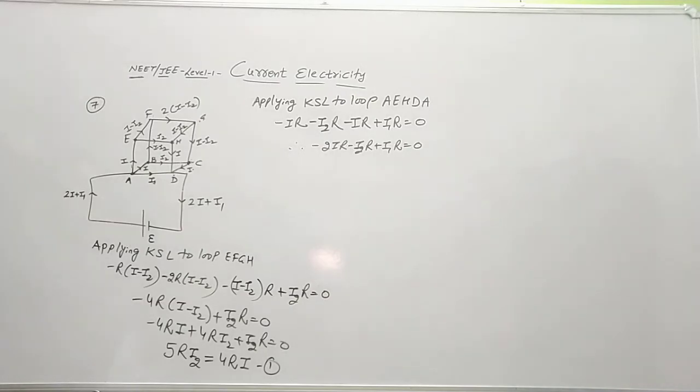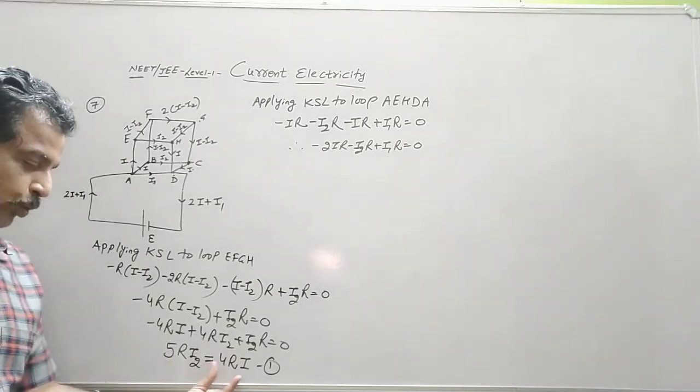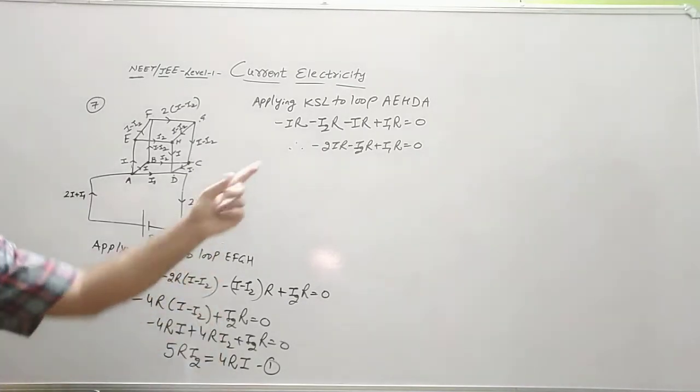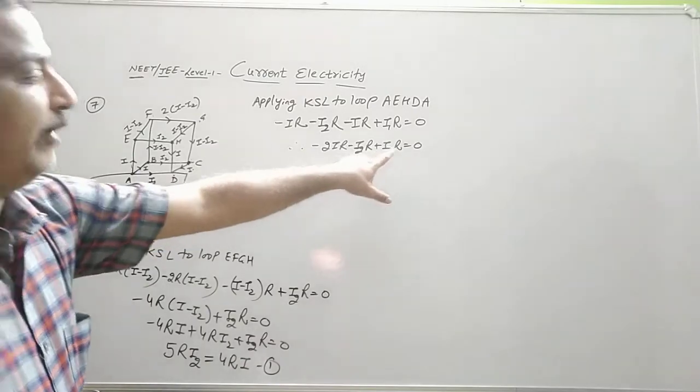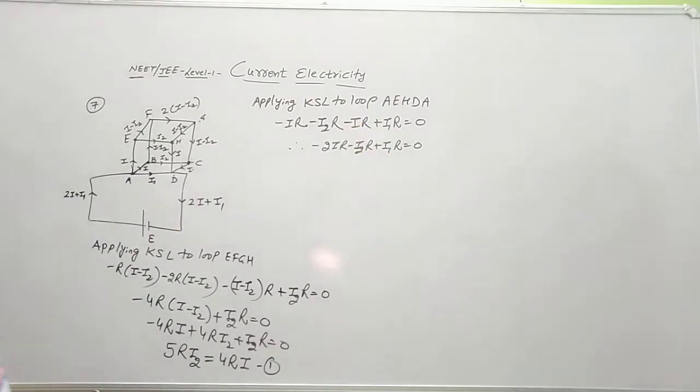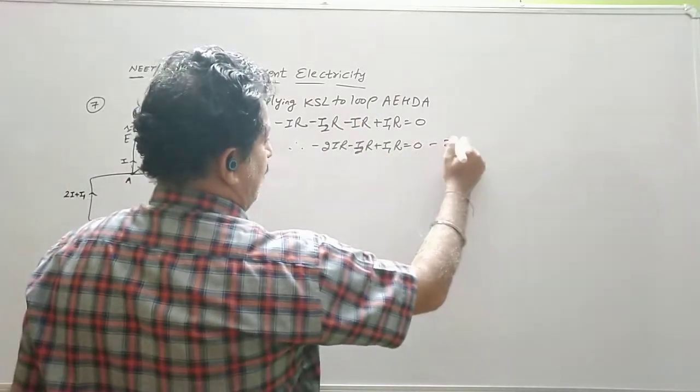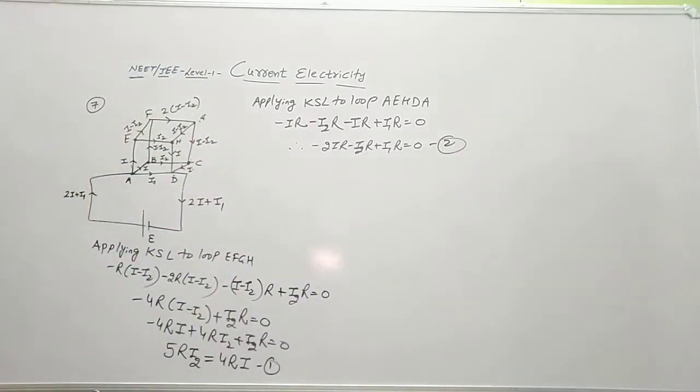So we will get this relation. Now you have a relation between I2 and I, which we can use here and find out the value of I1 also. So let us name this first equation number 2.